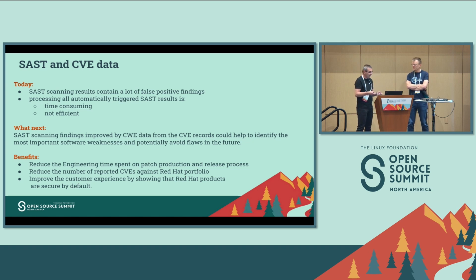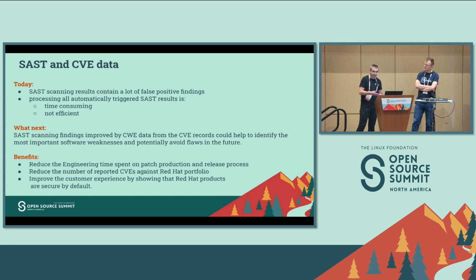Our POC was to take scan results and enrich them by using weakness data associated with our CVE records. For exactly the same product, the same component, we have a list of historical CVE records and the associated root cause of that vulnerability, the weakness that caused this particular issue.